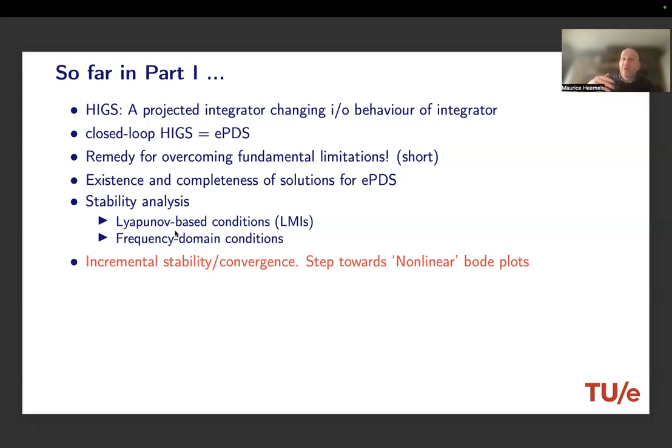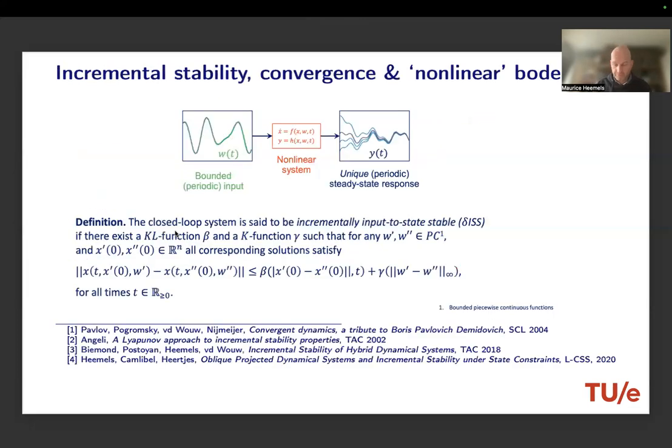And then you can start thinking about nonlinear Bode plots. Just as we have Bode plots or FRFs for closed loop systems that give a lot of insight in performance, you can also have these kinds of properties for nonlinear closed loop systems, with the right incremental stability properties. That's what we're after, because this is very powerful in steady state performance quantification.